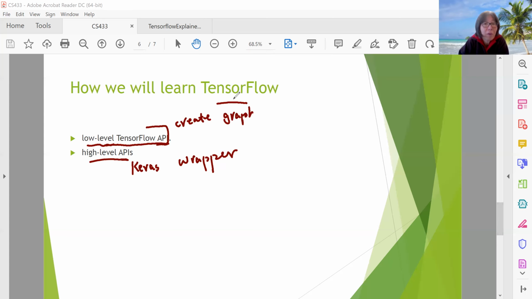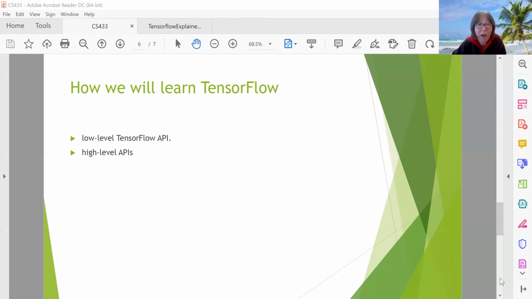That's why we call it TensorFlow: you're going to build this graph. That's going to be a lot of work. But for the high-level one, we will see it's much more convenient. So that's the concept.